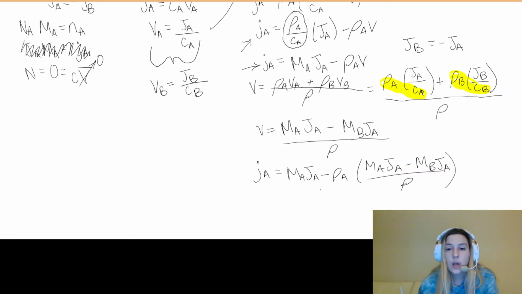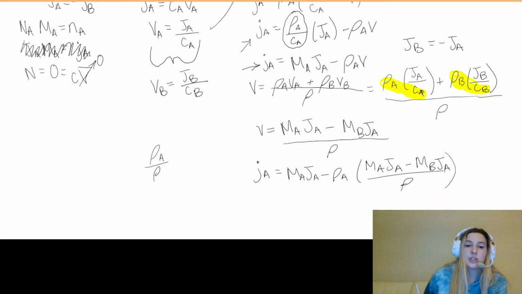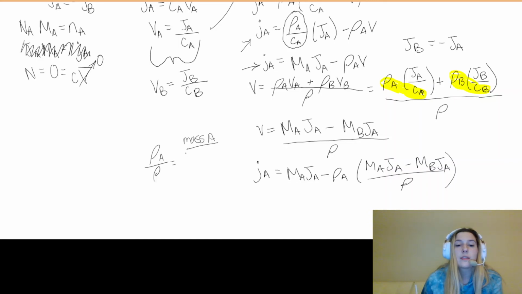All right, so now just a couple final steps here. Let's look at this rho A over rho term. We know that rho A over rho, sorry, I should say the mass concentration of A over the total mass concentration, is the mass of A over the total volume over the total mass over the total volume.